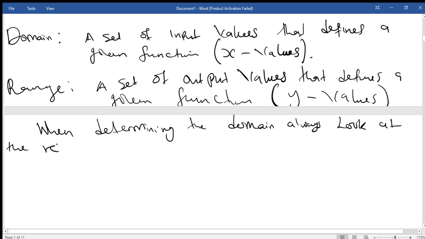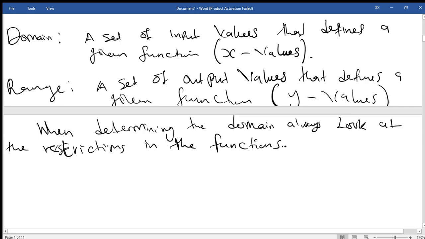How do you spell restrictions? Restrictions in the function. So you should always look at the restrictions in the function.